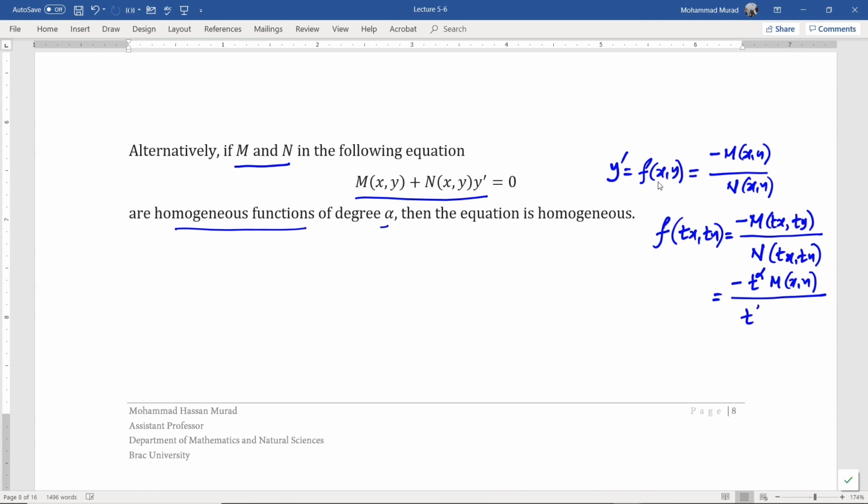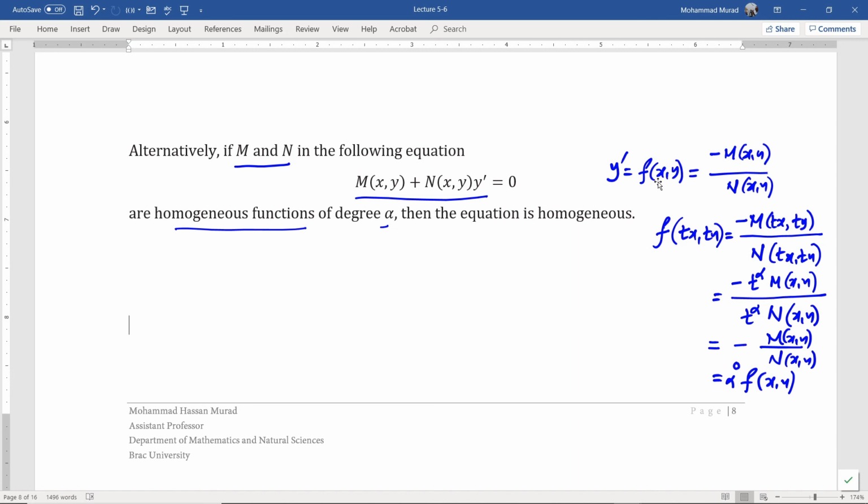Similarly, t to the alpha times n of x comma y in the denominator, which gives minus m over n, or simply f of x comma y, with t to the power 0.